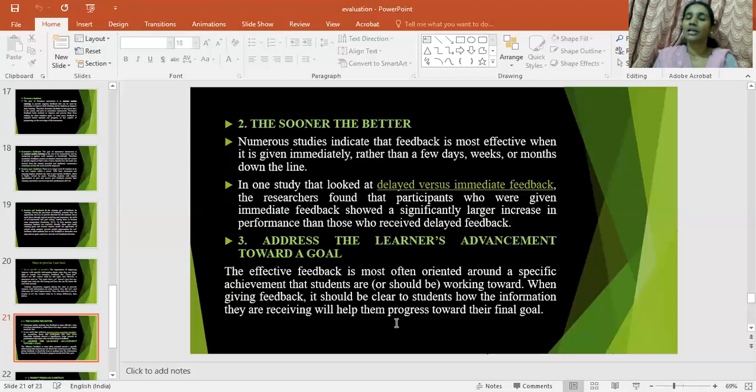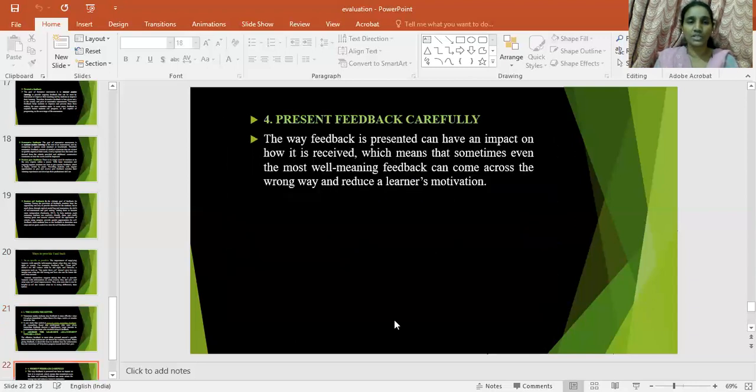Means here it has to be clear to the teacher whether whatever information the students are getting from the teachers is worthwhile and working or not. So all that you have to collect from the students.